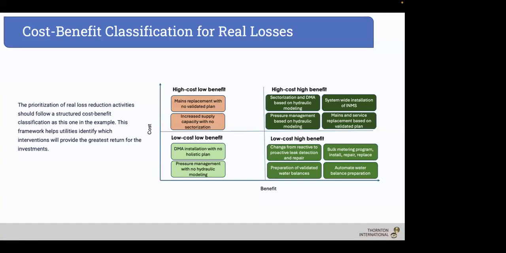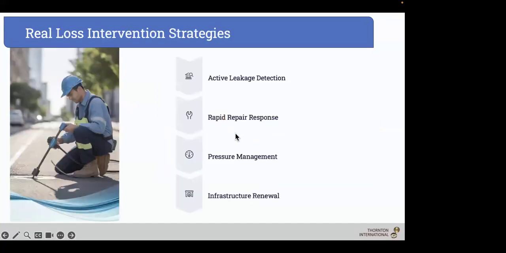The activities can be analyzed based on the implementation costs and potential benefits, allowing the utilities to focus first on the high benefit, low cost interventions before moving to more expensive solutions. This approach ensures efficient use of limited resources while maximizing water loss reduction.